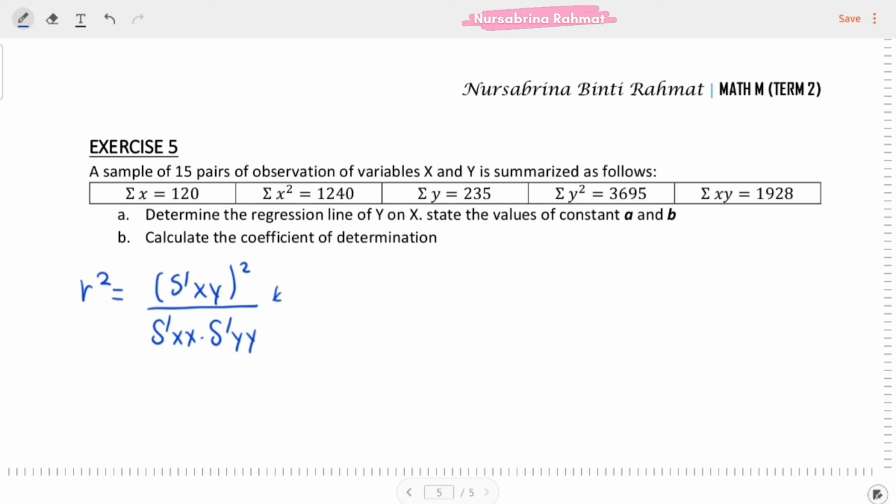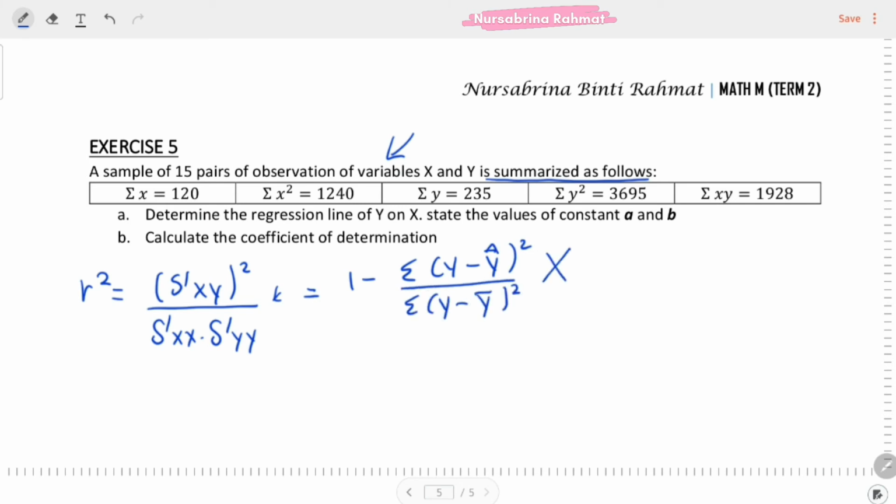For this kind of question in exercise 5, you have summarized data instead of every recorded x and y. Since they already give you the summarized data, you cannot use the other equation, which is 1 minus the sum of y minus y regression square over the sum of y minus y mean square.